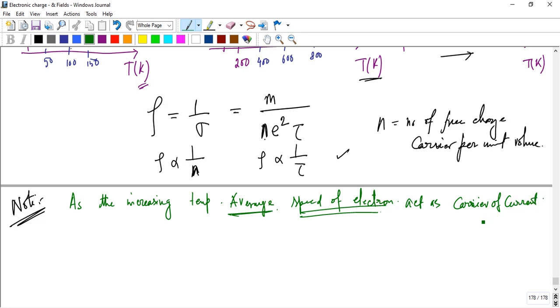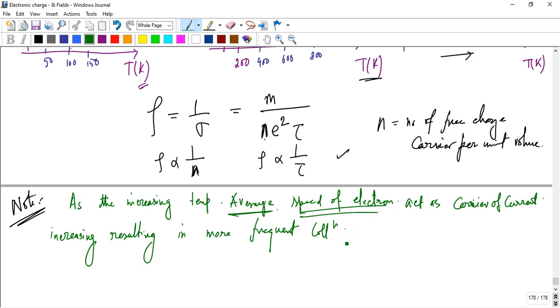If the average speed increases with the increase in temperature, this results in more frequent collisions. If there are more frequent collisions, tau is decreasing.